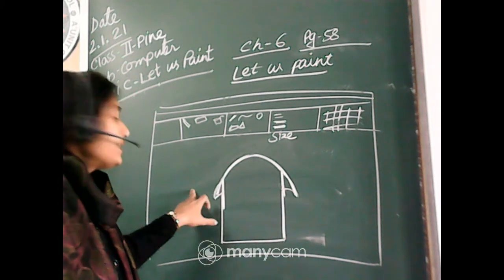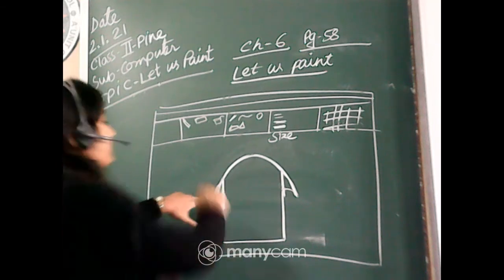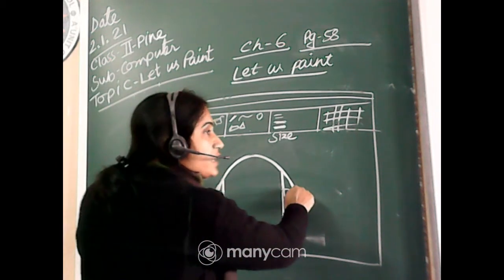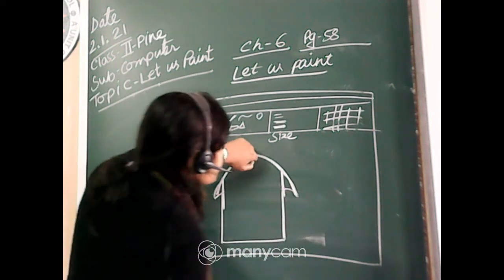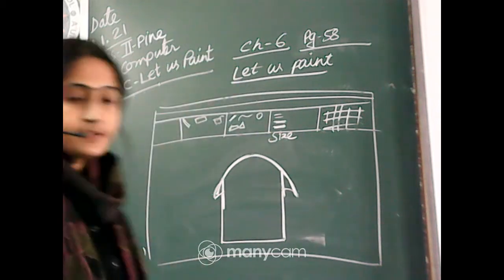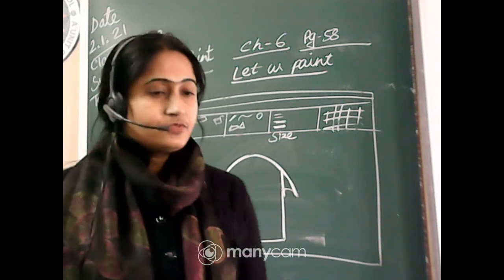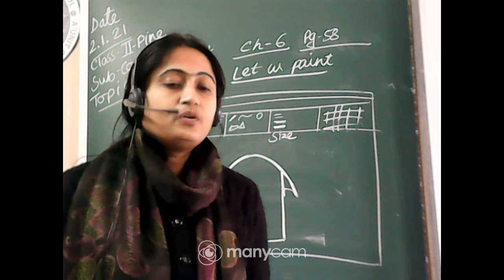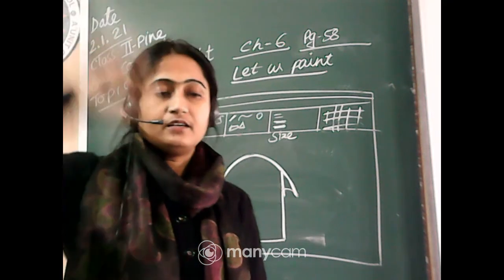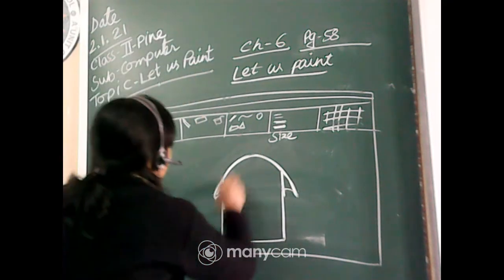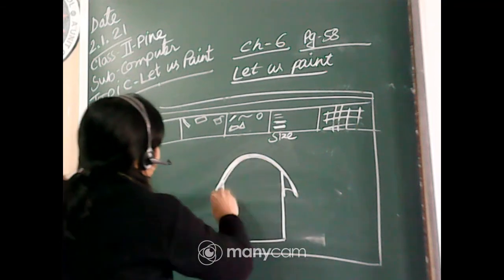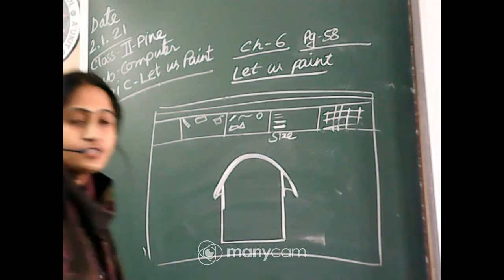Bring the pointer over here and drag it as much as you require, and after dragging you just click it and do like that two times. You can make the changes like this. You just do the curve.